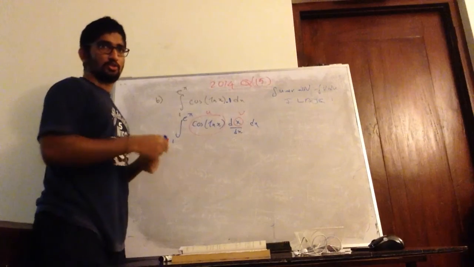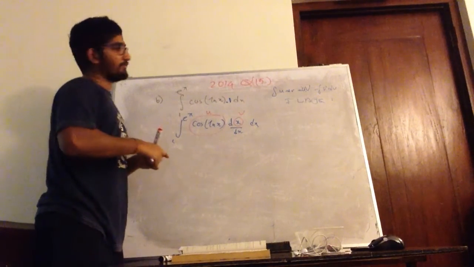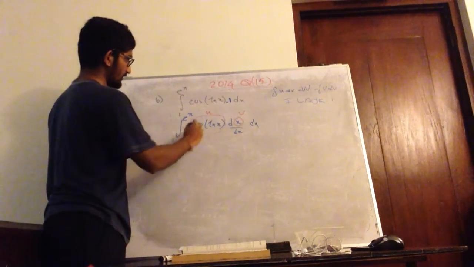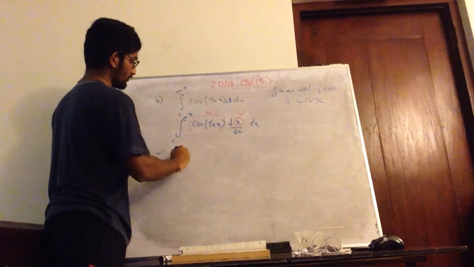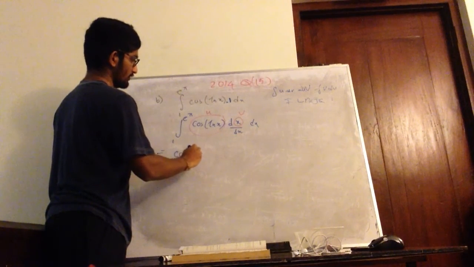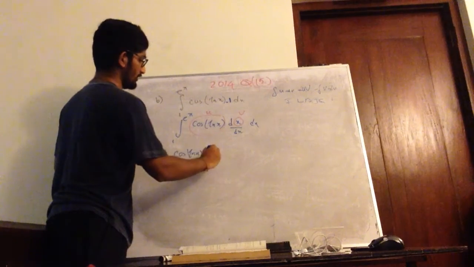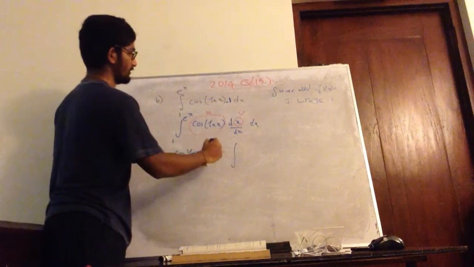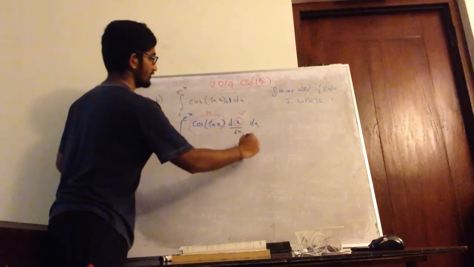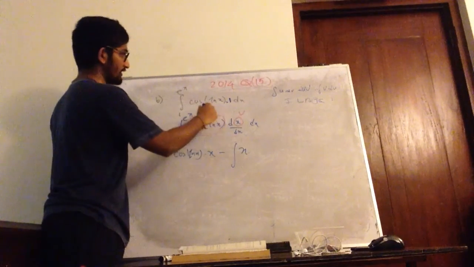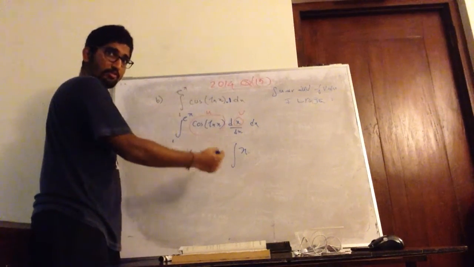Right now? So I'm going to write this as well, uv, so cos(ln x) minus, x. We have to differentiate this now. Differentiate this in terms of x.